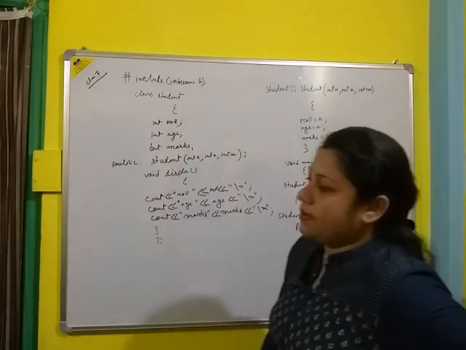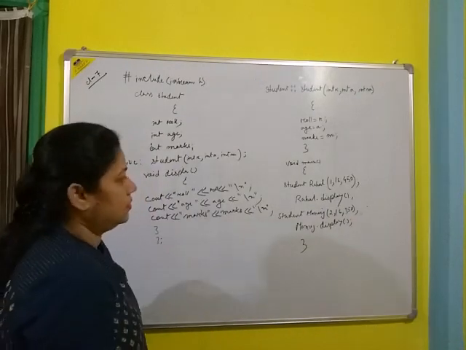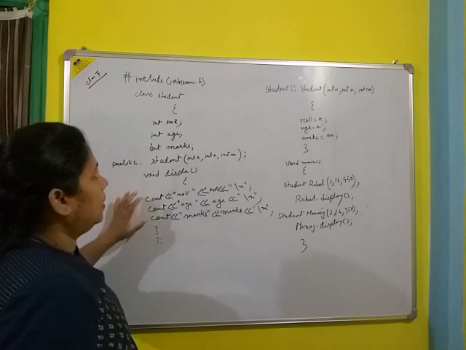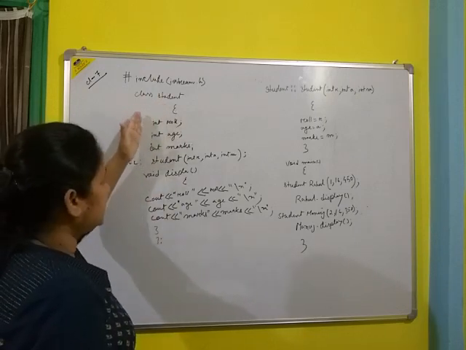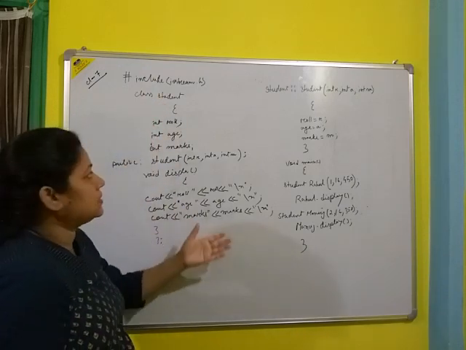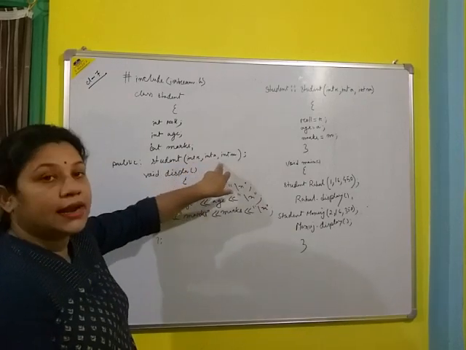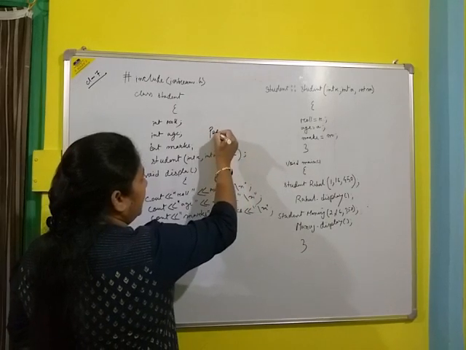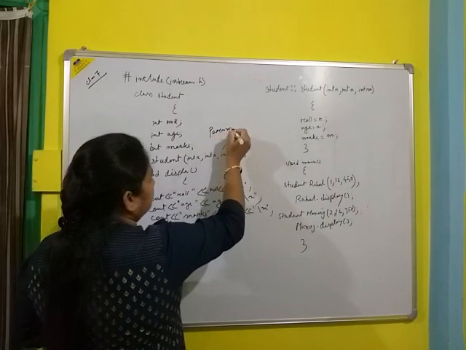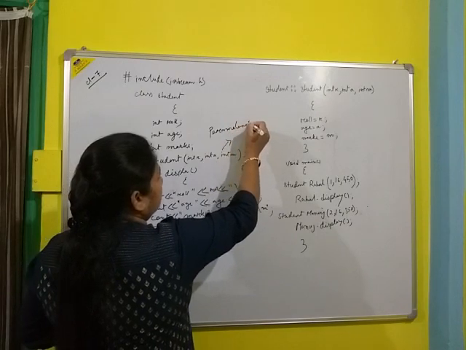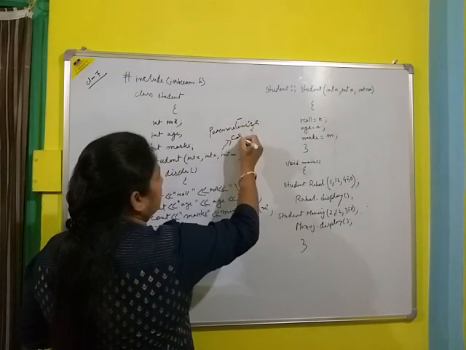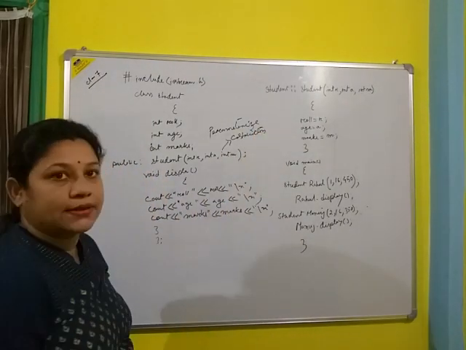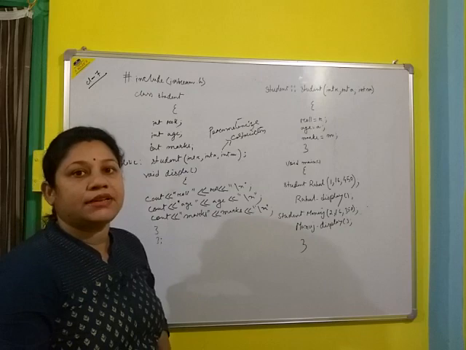Okay, now look student. Here I think all of you are clear up to this point. This is a class, these are the data members, roll number, age and marks, and this is the declaration of parameterized constructor. Why is it a parameterized constructor?